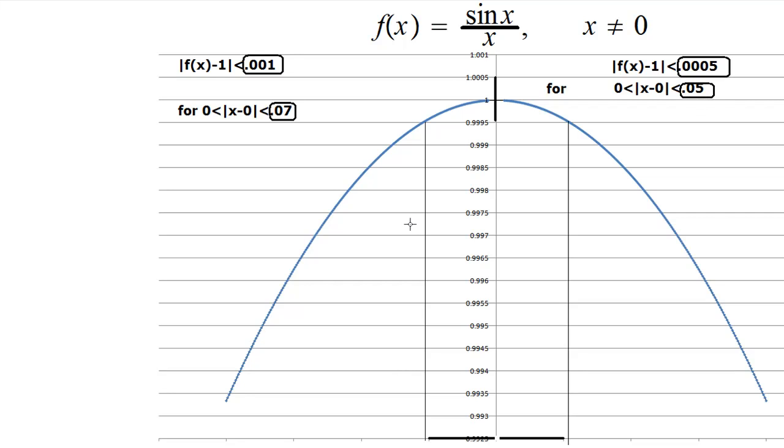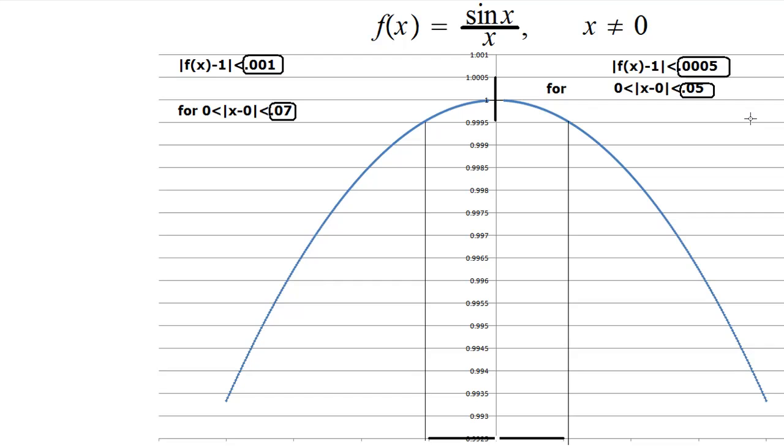So when we generalize, first let's go for a terminology. For the distance of the function from the limit, here we took 0.001, here 0.0005, and in other cases some other values.